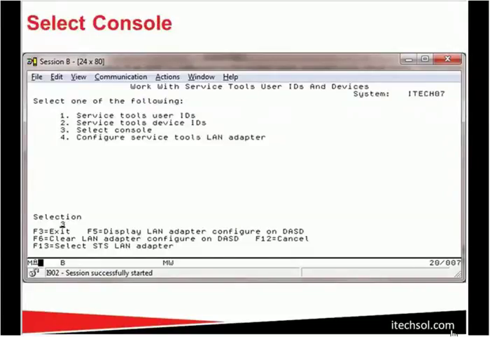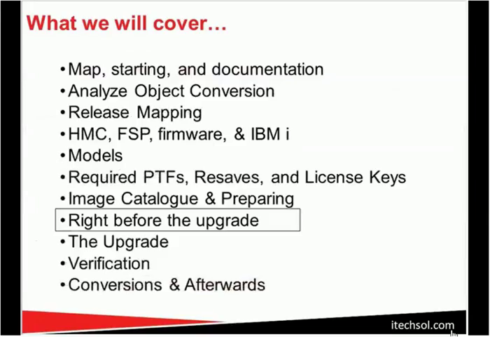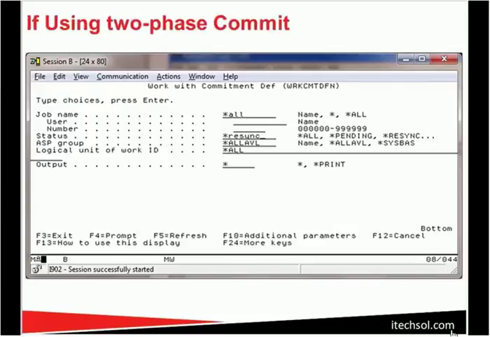We're going to select our console. We're in DST here or SST. We're only going to be able to go, if we're going to 7.3, an option 3 or an option 4 there, LAN console or HMC console. So real cognizant about that. And then right before the upgrade, we're going to check for commitment definitions.